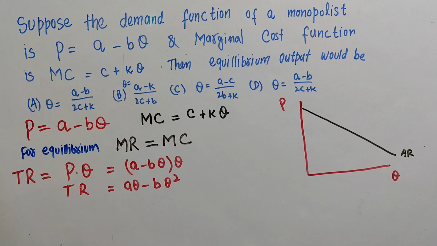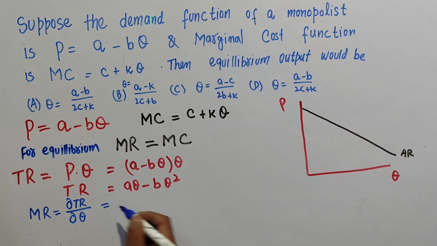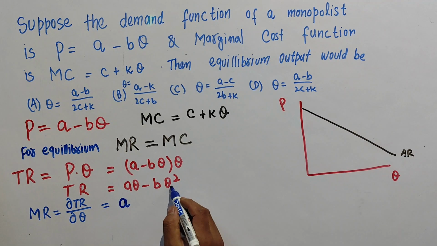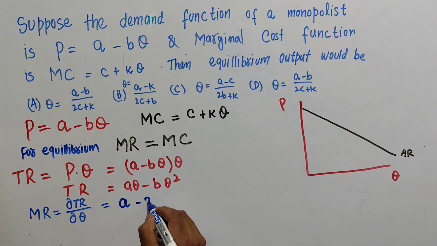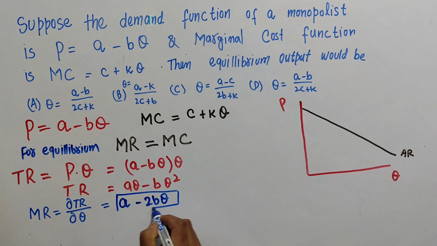Now we can calculate the marginal revenue function. Marginal revenue is simply the change in the total revenue due to a 1 unit change in the output, that is, the derivative of the total revenue function with respect to output. The derivative of AQ is A, and the derivative of Q² is 2Q by the power function rule, so it becomes 2BQ. So marginal revenue is A - 2BQ.